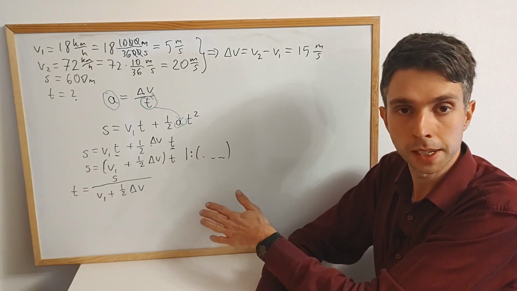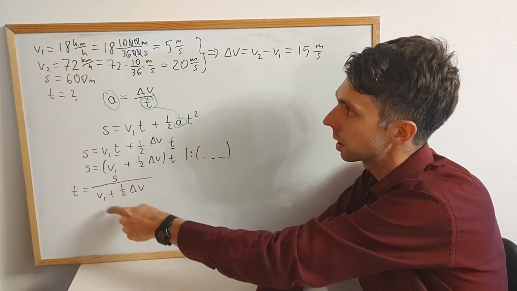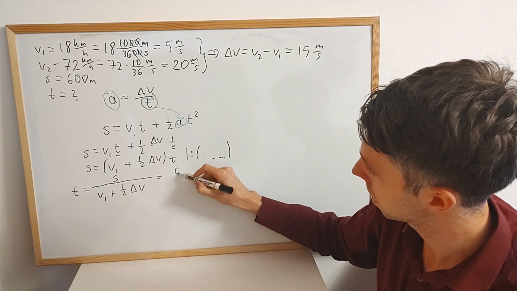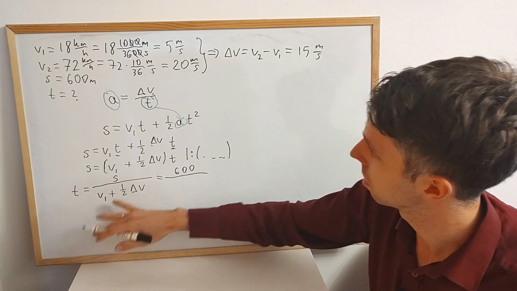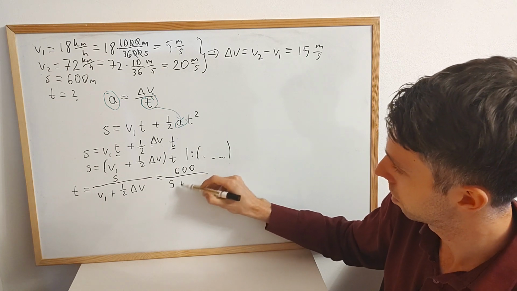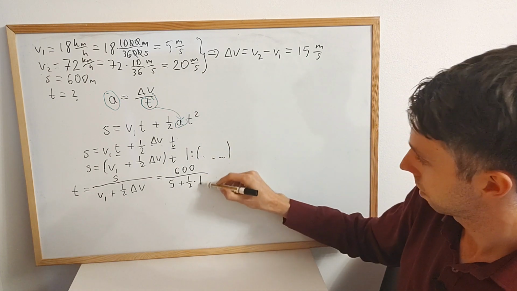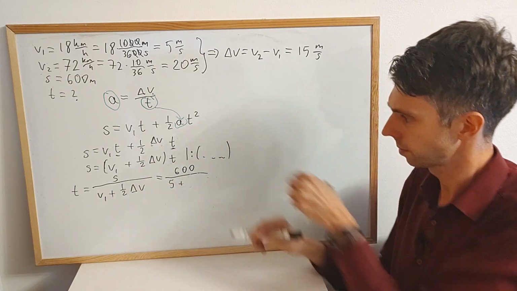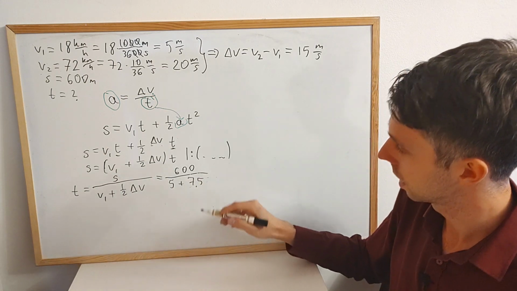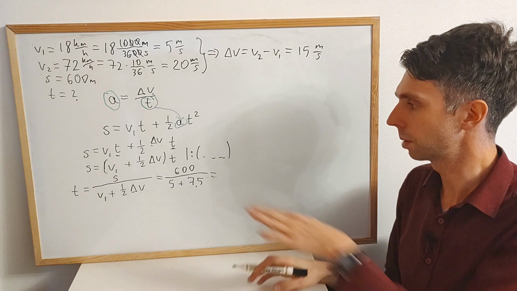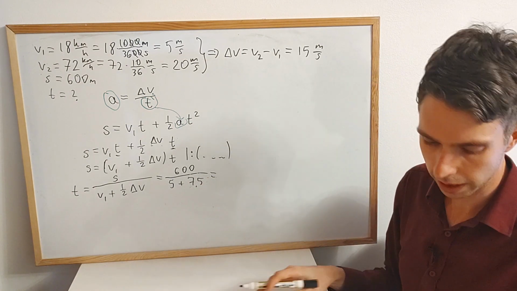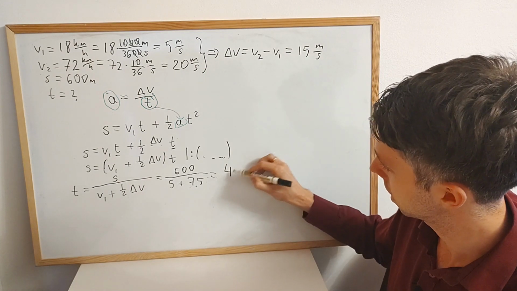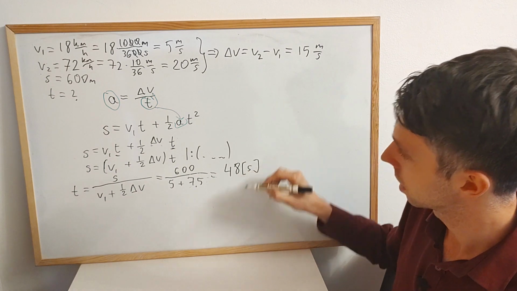And now we can plug in numbers. Look, distance we have, v1 we have, delta v we have, everything. So distance is 600, v1 is 5 plus 1/2 times 15, so this is 7.5. So this is 600 divided by 12.5, and if you calculate it using calculator, you get that the result is 48 seconds.